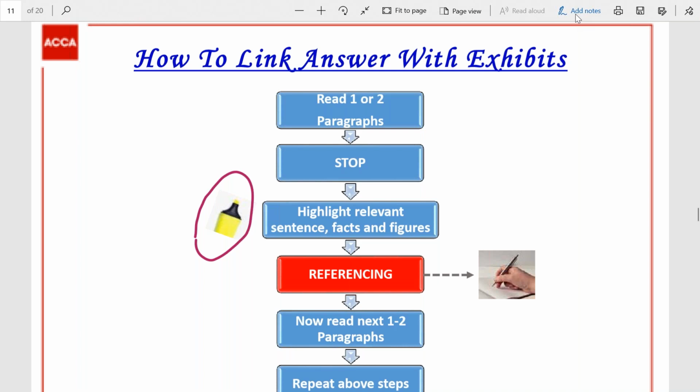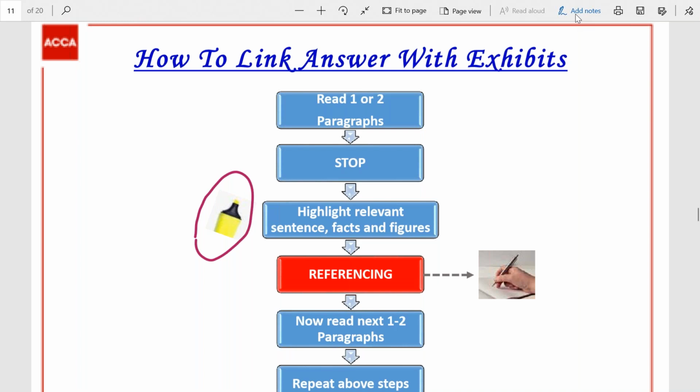And one of the comments he made was that he used multiple color highlighters. He used yellow to highlight qualitative information. He used pink to highlight financial information and so forth. That's ideal. I think most of us will not be able to do that, but at least use one highlighter, highlight the sentences. As opposed to underlining, I prefer highlighting.